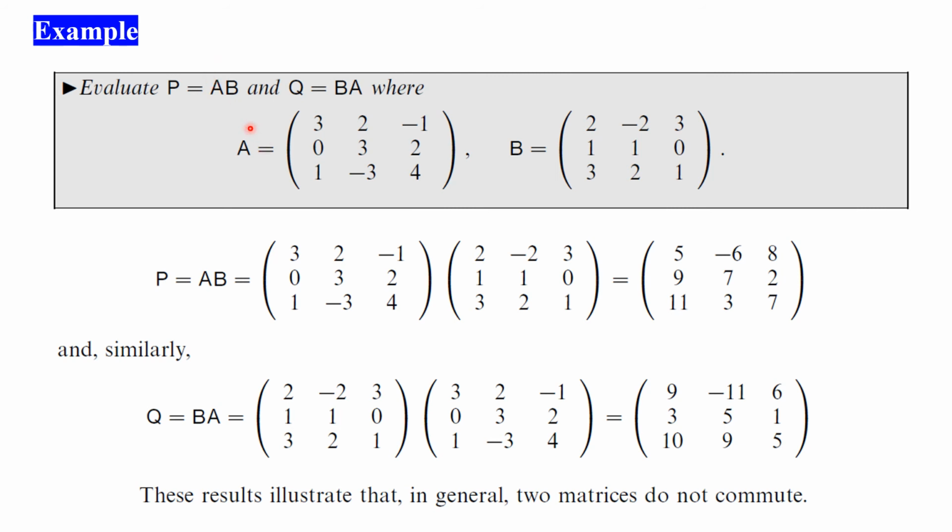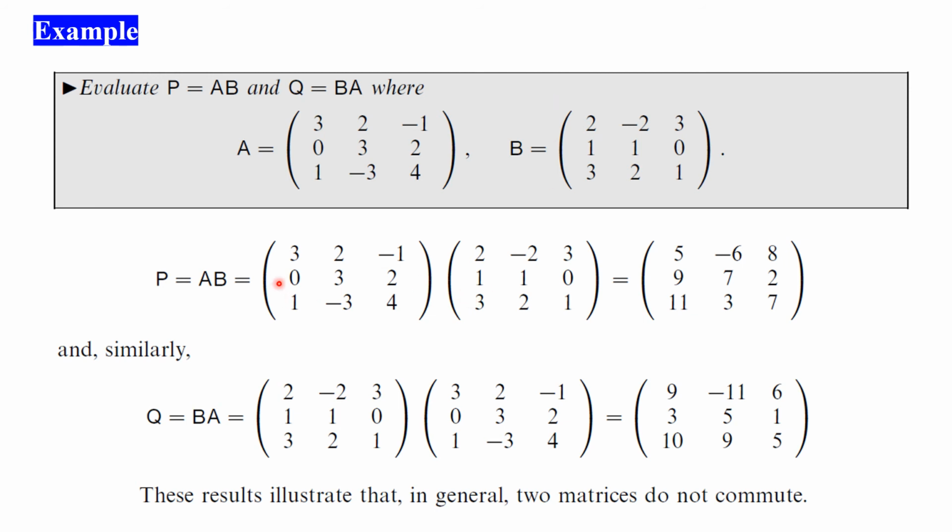Here your matrix A is this matrix with these elements, and your matrix B with these elements. Let's get first your matrix P, which is equal to A times B. This is a 3 by 3 matrix, and this is also a 3 by 3 matrix. Thus we can multiply the two matrices since both K are equal to 3.